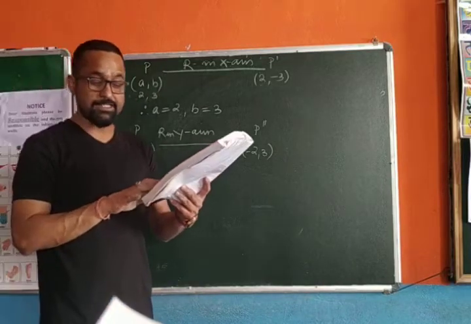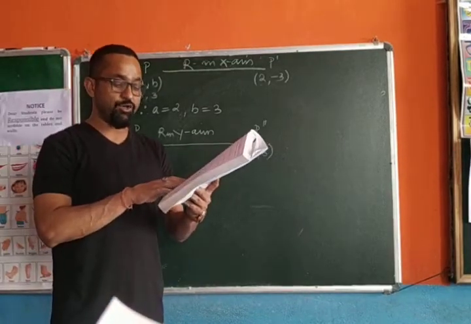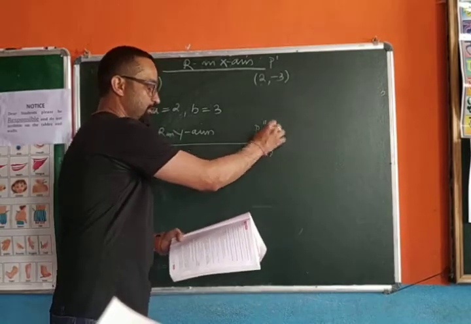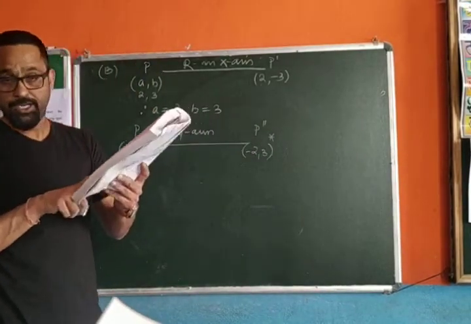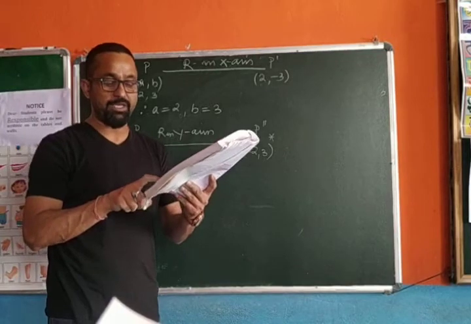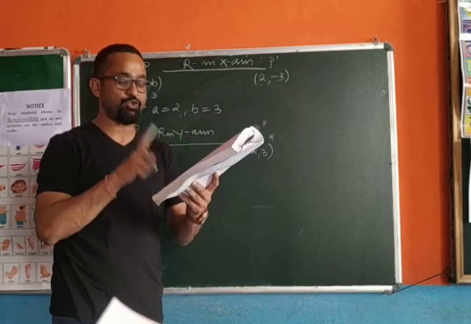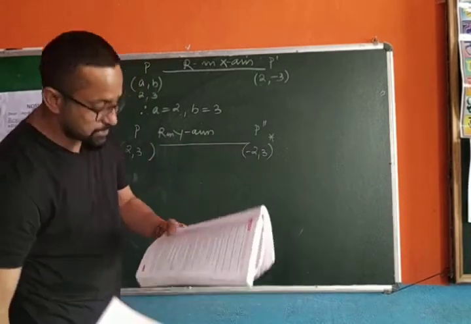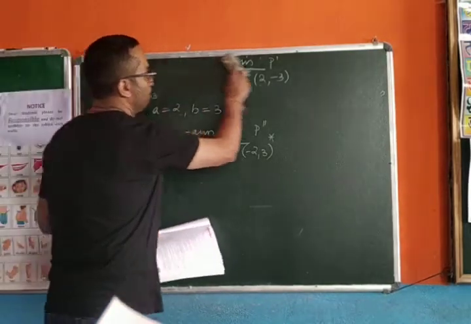Then question C says, write down the coordinates of P double dash we got. Find the coordinate of P triple dash when P is reflected in the line parallel to the y-axis such that x equal to 4.